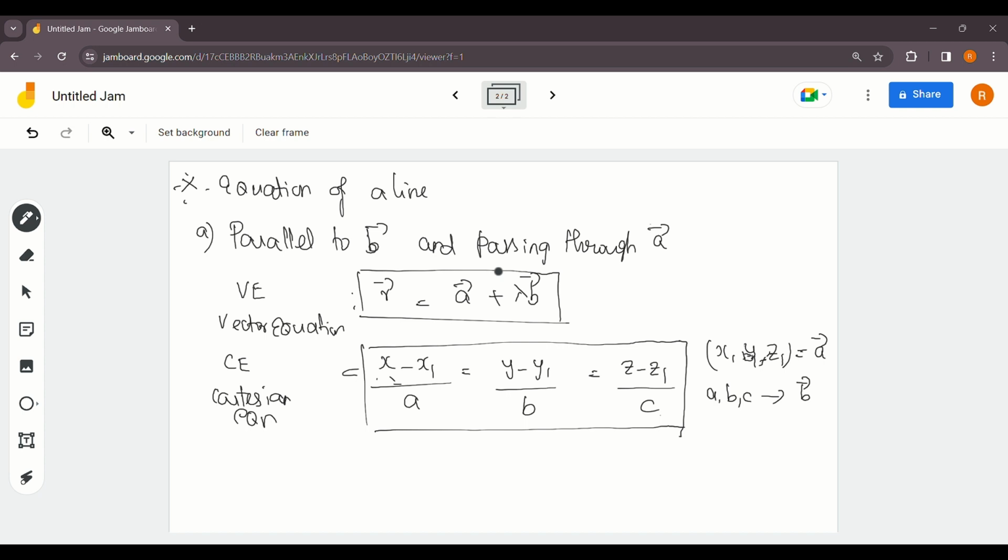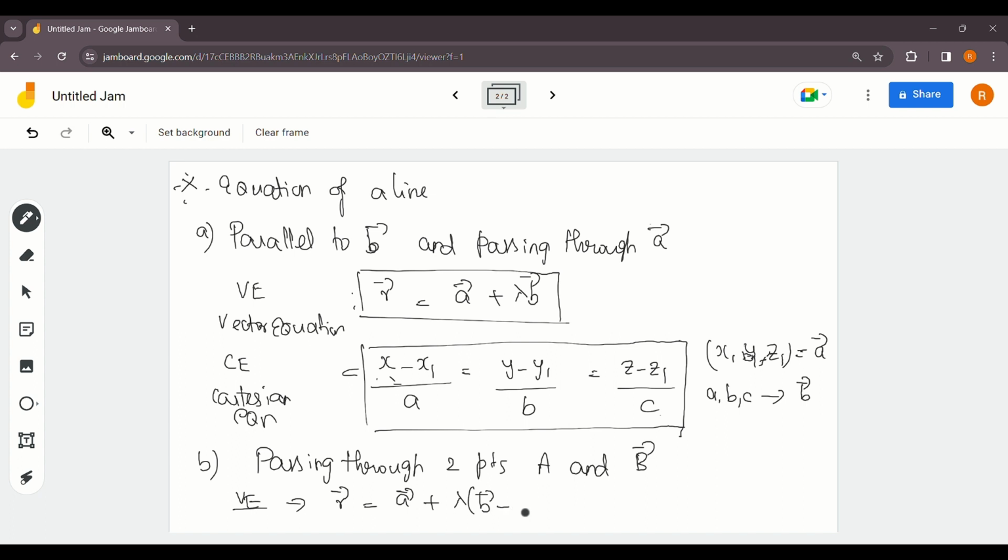Likewise, second formula, passing through 2 points, A vector and B vector. So for this, the vector equation is R vector equal to A vector plus lambda into B vector minus A vector.